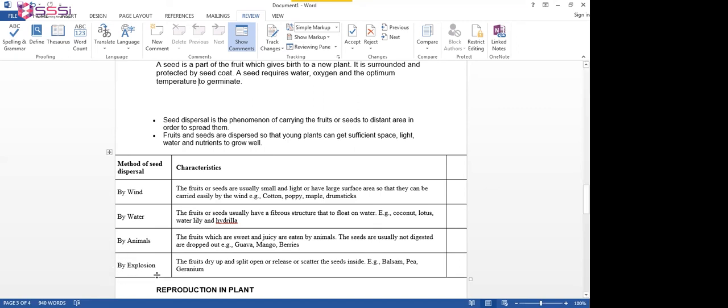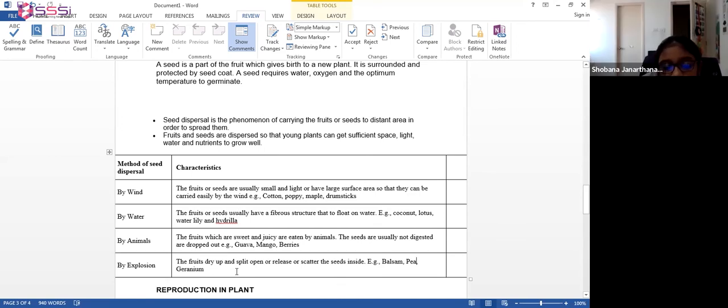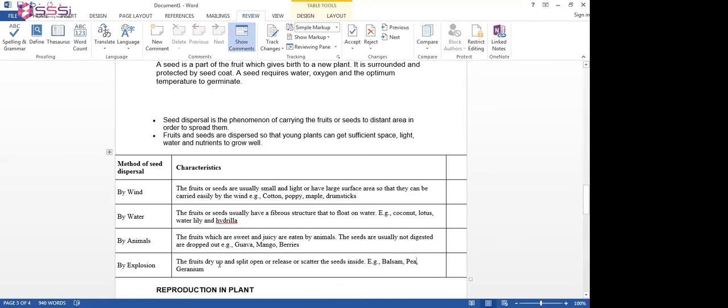Next is by explosion. The fruits dry up and split open, or release or scatter the seeds inside. For example, balsam, pea, and geranium, right? If the fruits are not eaten, they dry up and fall from the tree.